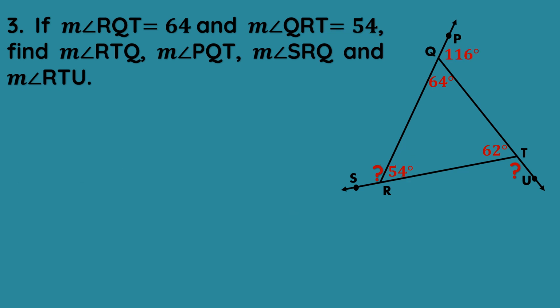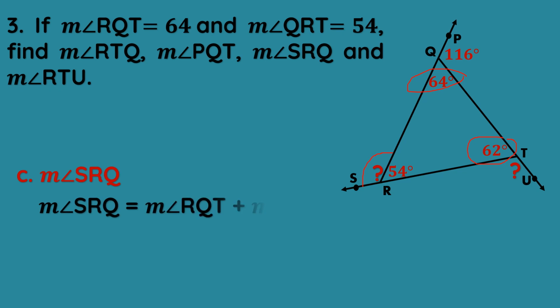We proceed in solving for the measure of angle SRQ. Angle SRQ is also an exterior angle whose two remote interior angles are 64 degrees and 62 degrees in measures. By the exterior angle theorem, the measure of angle SRQ, the exterior angle, equals the sum of the measures of its two remote interior angles, which are angles RQT and RTQ.